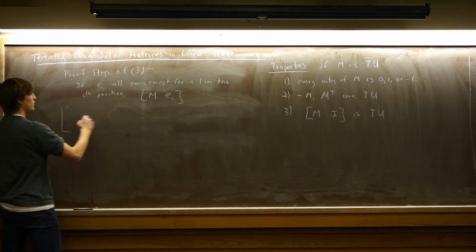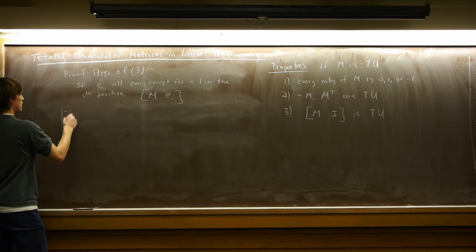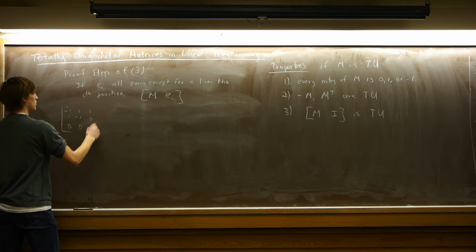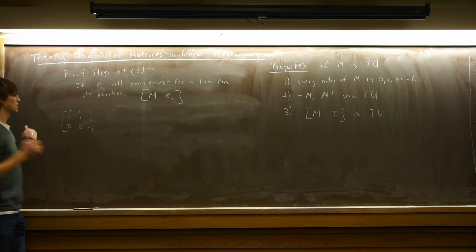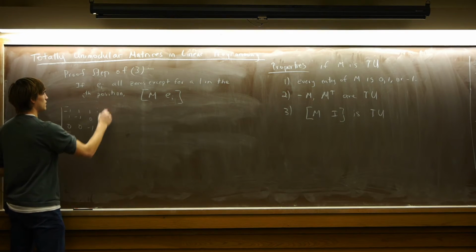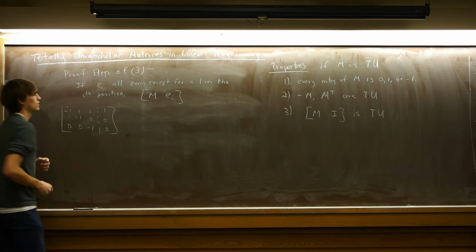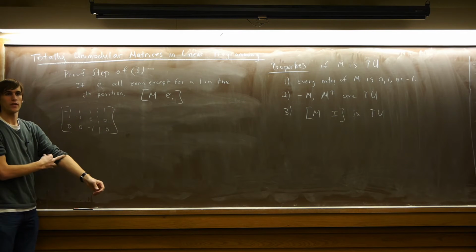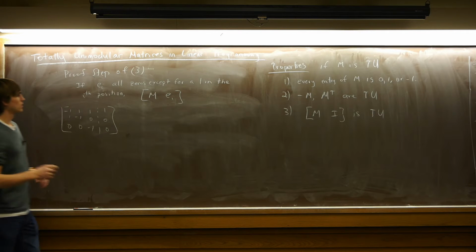So just for the sake of illustration as we're going through this, take a small matrix, this happens to be a totally unimodular matrix. And if I tacked onto it this vector right here, just use this as an illustration as we go through the proof of why this whole thing now is going to be totally unimodular.